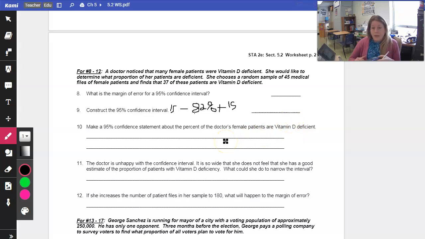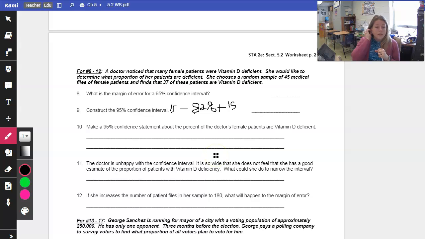I am 95% confident, always 95% confident, that between 67 and 97% of females are vitamin D deficient. All right, so you've got your confidence statement, and you've got your interval, and you've got what's going on. I'm 95% confident that between 67 and 97% of female patients are vitamin D deficient.